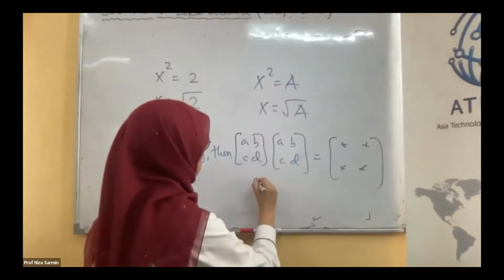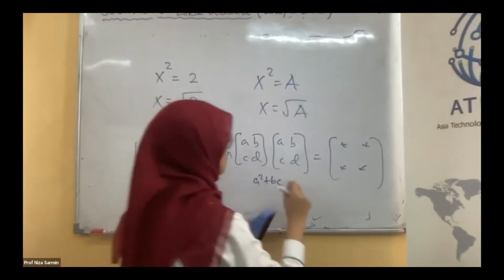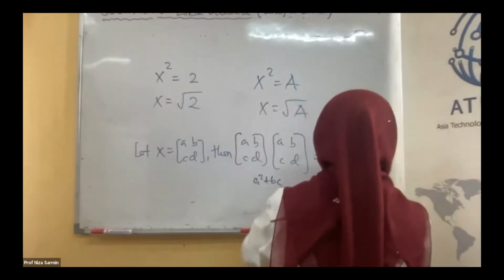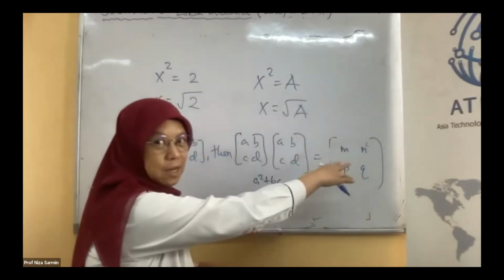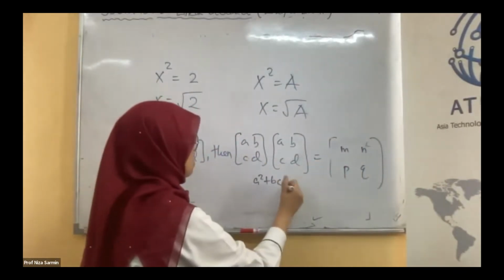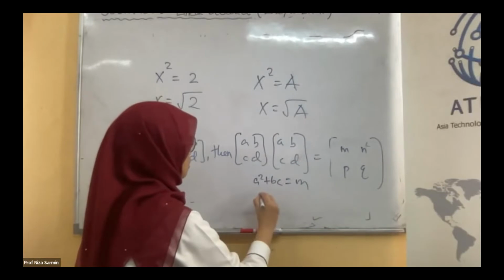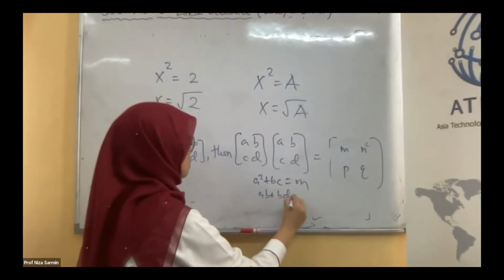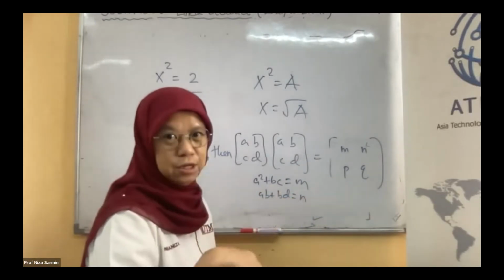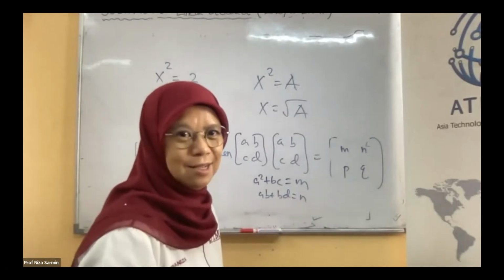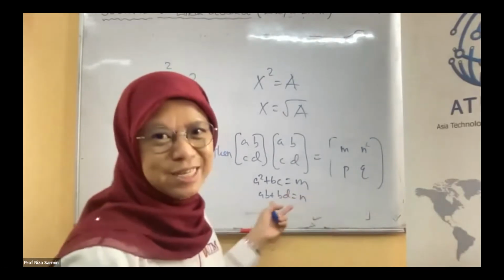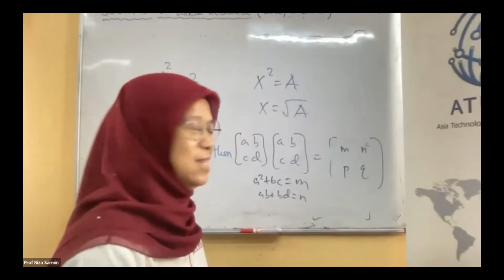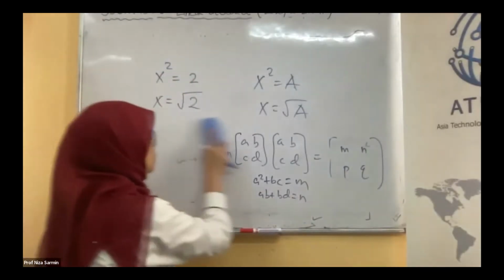So like A squared plus BC, suppose I call this M and PQ. A squared plus BC is M, right? AB plus BD is N. You will get equations. And then with whatever that you have learned from before, because this is actually chapter 2, the equation. Okay.